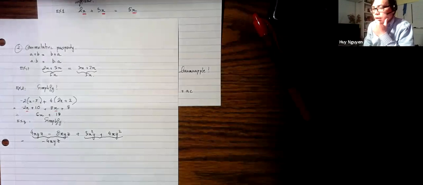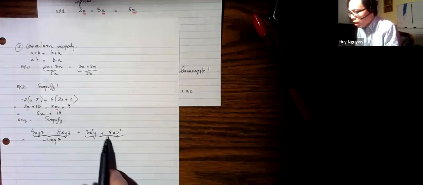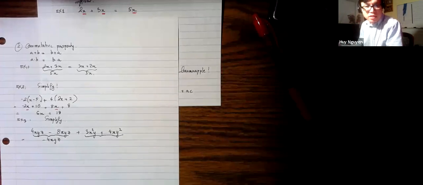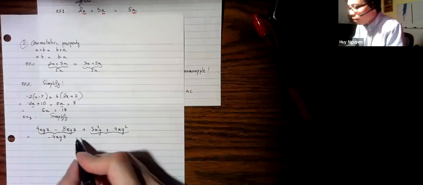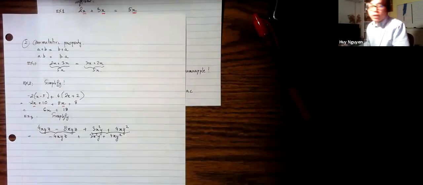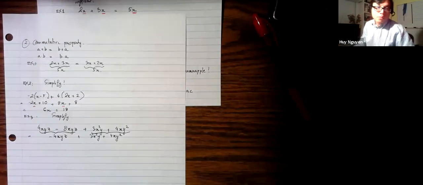Can we combine xy squared and x squared y? It's different, right? Because look, over here it is x squared and y, and this is x and y squared. So this is not the same. It's not a like term, so we cannot combine. Our final answer is negative 4xyz plus 3x squared y plus 4xy squared.